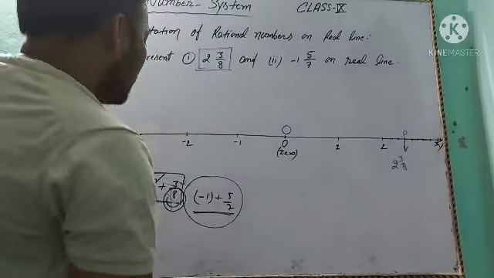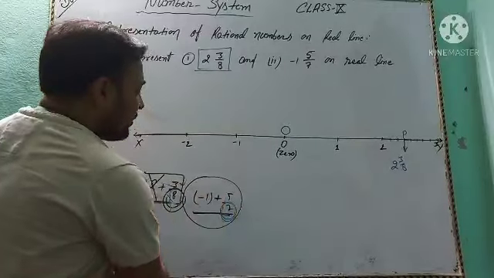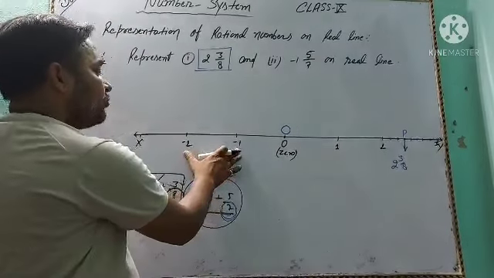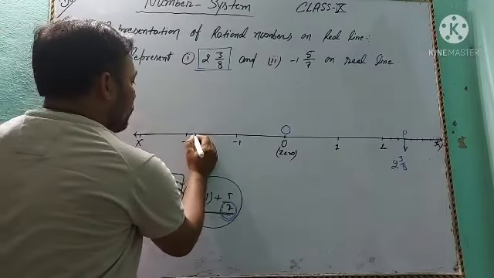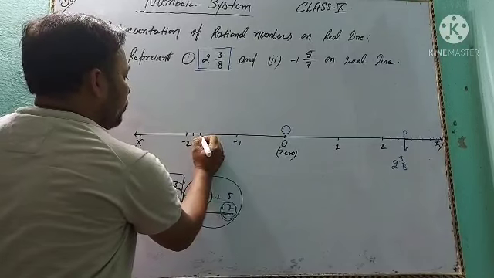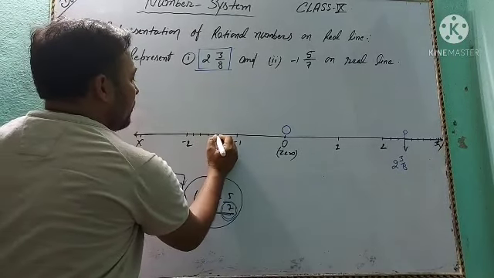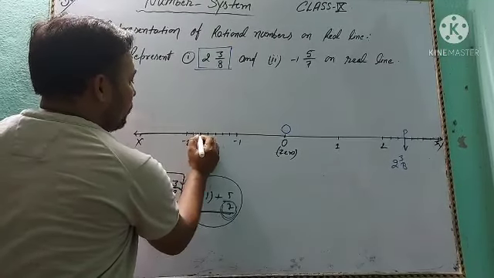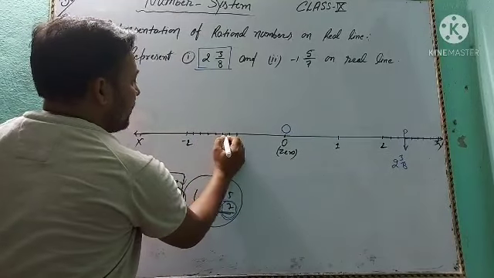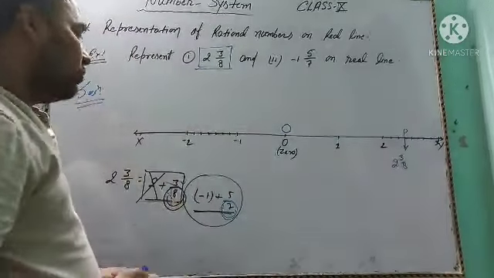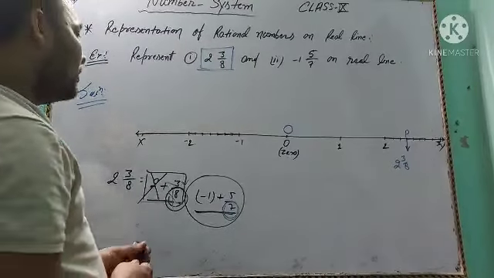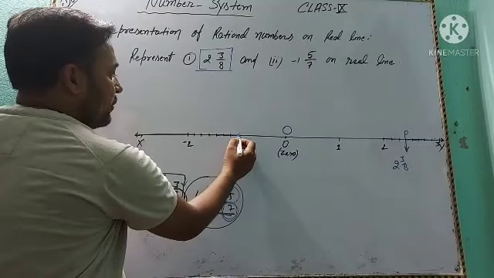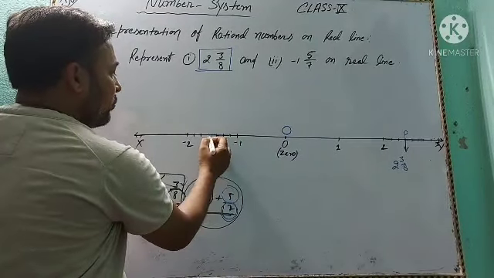Here the denominator is 7, so we divide the distance between minus 1 and minus 2 into 7 equal parts. 1 2 3 4 5 6 7. We count from minus 1, and the numerator is 5, so 1 2 3 4 5.